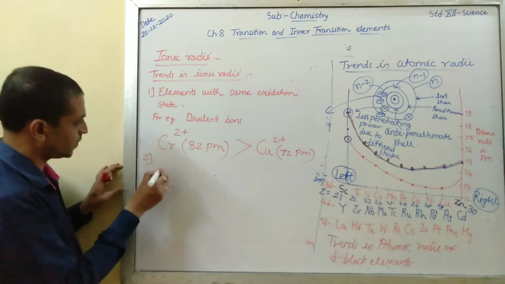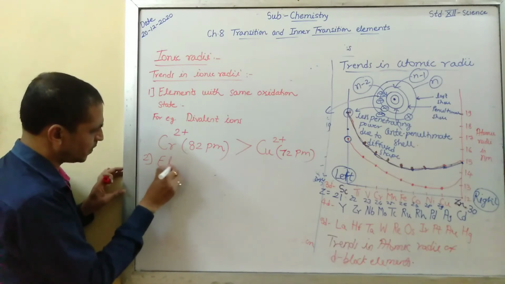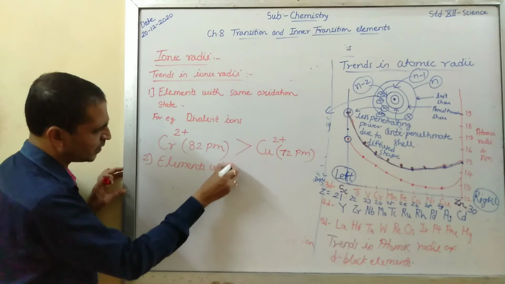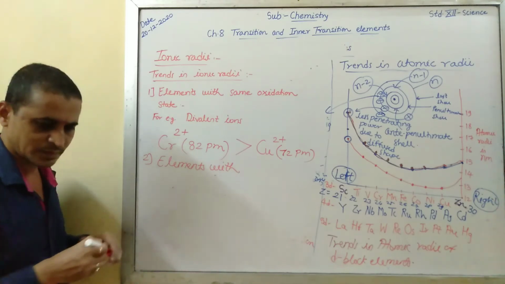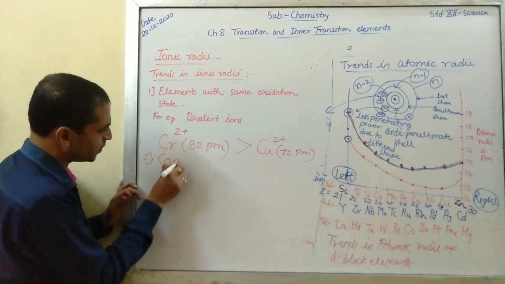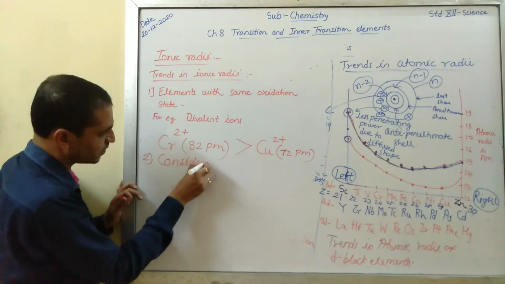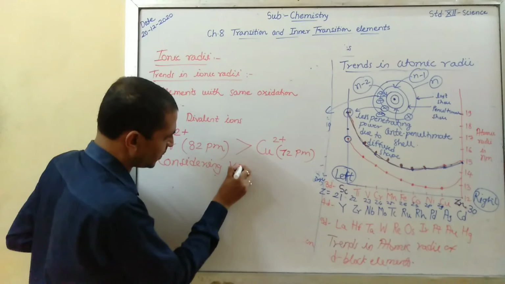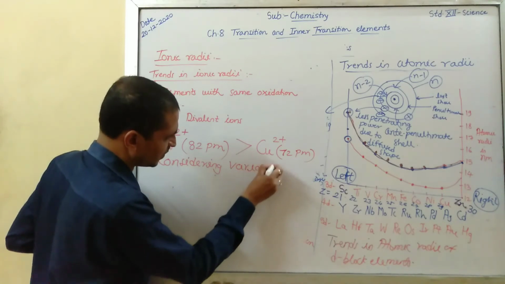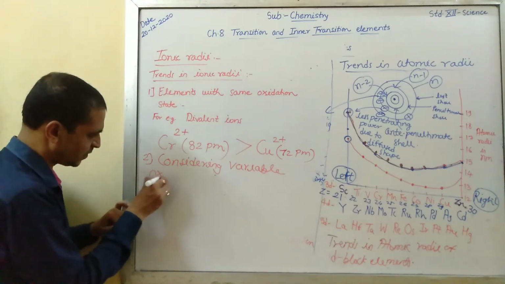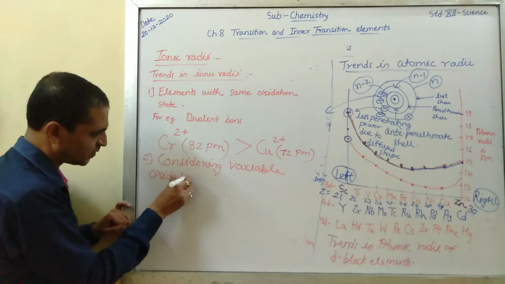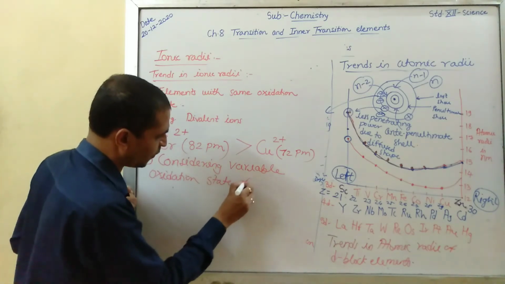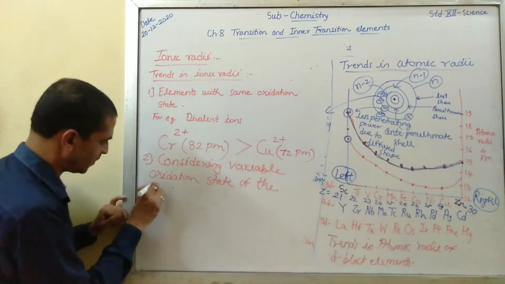Now consider next elements with variable oxidation state. Ionic radii is also studied by considering variable oxidation state of the same element.